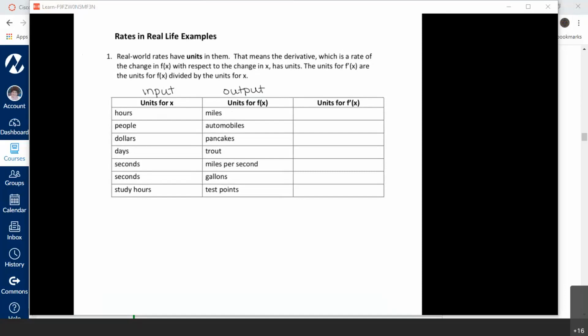Now you might be sitting here thinking, what's the big deal? My input value is X. I know that's always going to be the "with respect to." Not necessarily. Not in this class, but in other classes and in real life, sometimes your output value can change with respect to a number of different inputs.